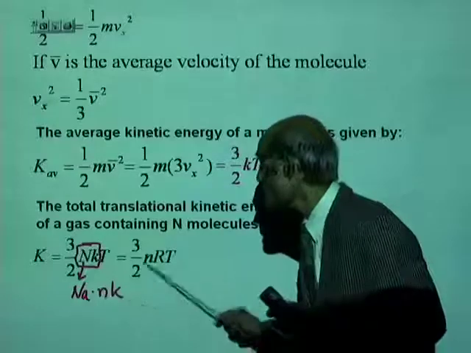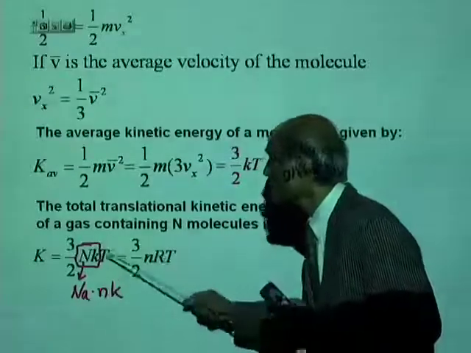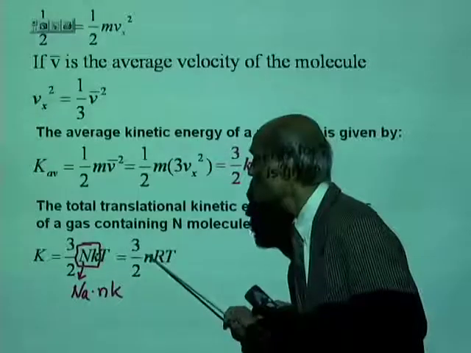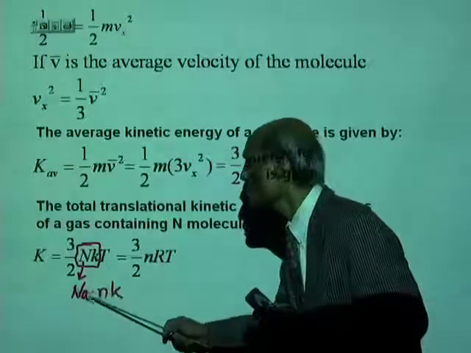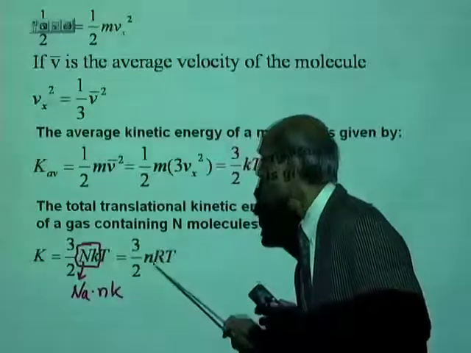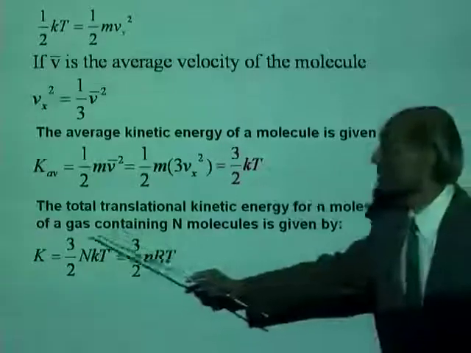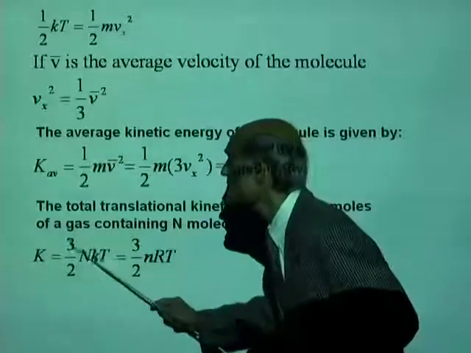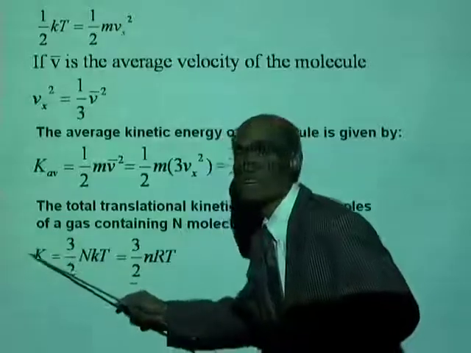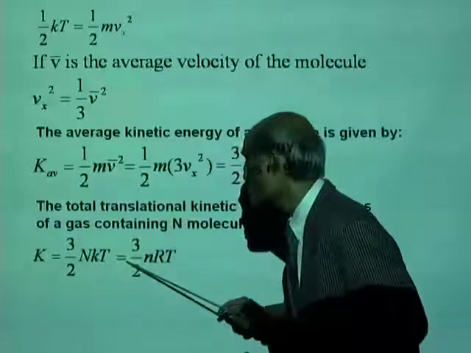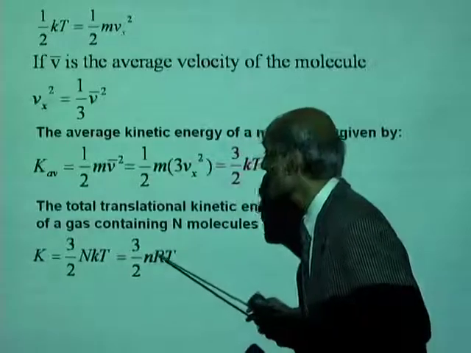Na times k is called your R. So big N times k equal to small n, the number of moles, times Na times k, which is R. Okay, let's go on. So 3/2 NkT is the total translational kinetic energy of N molecules, which is the same as 3/2 nRT. Alright?